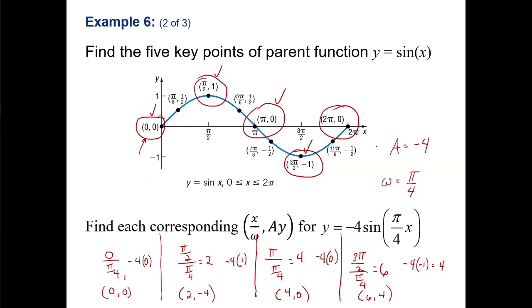All right, this last one, out of room down here, so I'll do this one up here. I'm going to take the 2 pi, divide it by pi over 4, which equals 8. I'm going to take the negative 4 times 0. So this last one is going to end up being 8, 0.